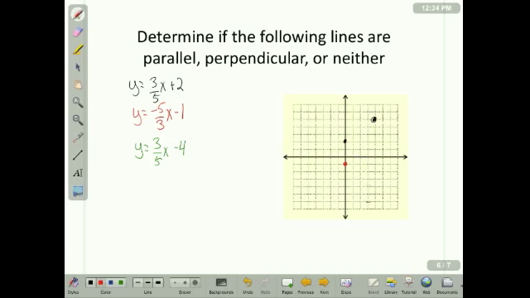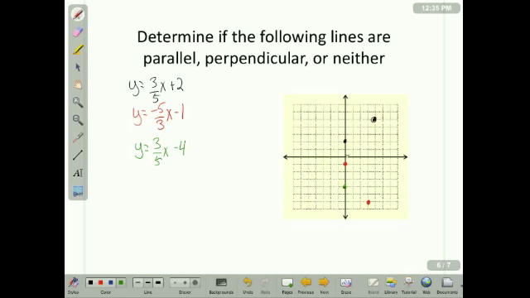And with my green line, my y-intercept is a negative 4. When I replace my x with 5, 3 minus 4 is a negative 1.